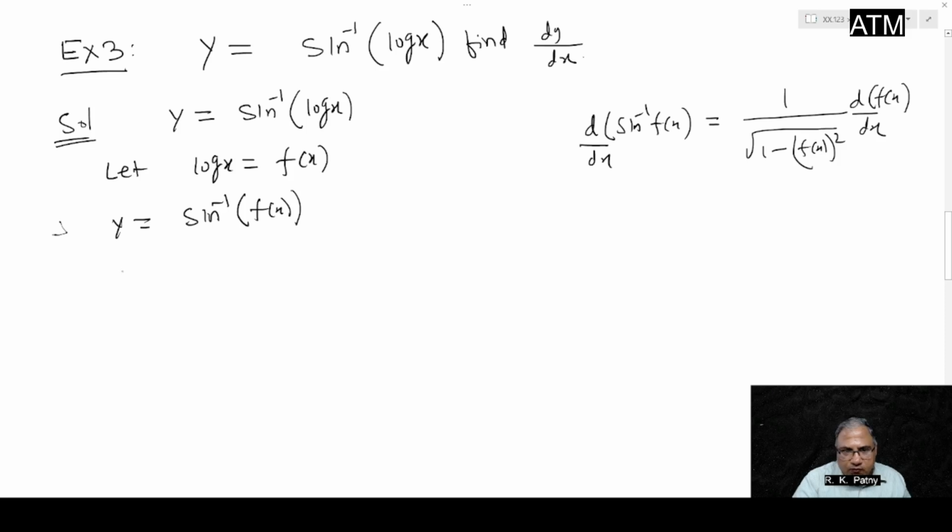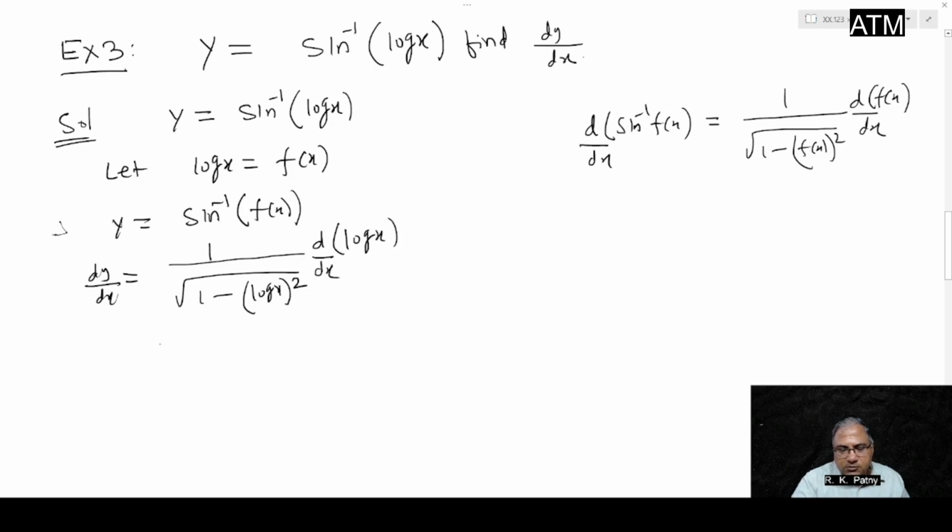So by using that formula, dy by dx equals to 1 upon under root of 1 minus log x whole square into differentiation of log x with respect to x.